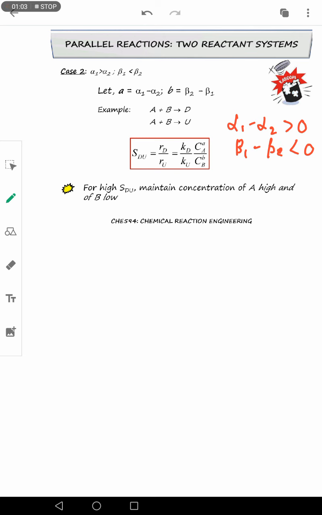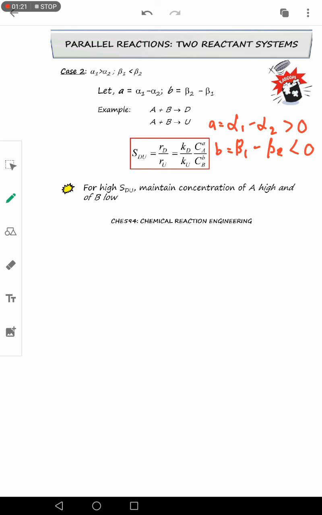So kalau kita buat alpha 1 minus alpha 2 equals to A, so beta 1 minus beta 2 is equals to B. So meaning that B ni adalah value yang lebih kecil daripada 0.